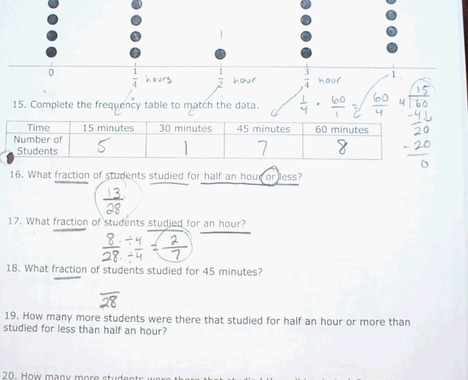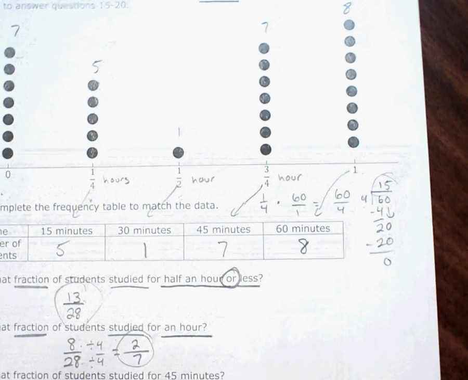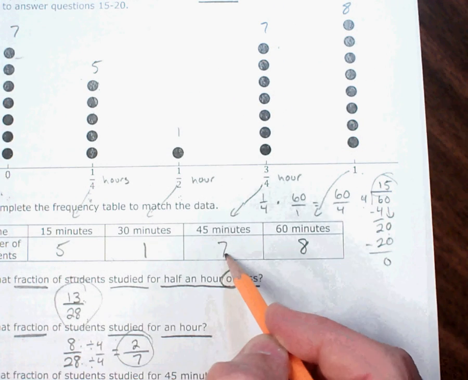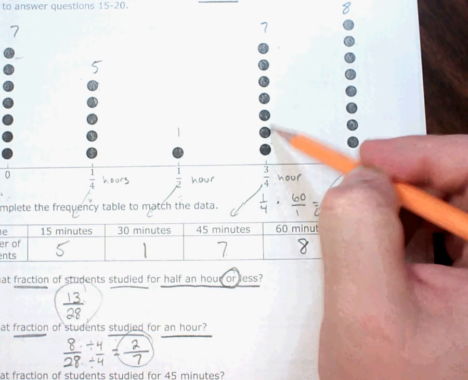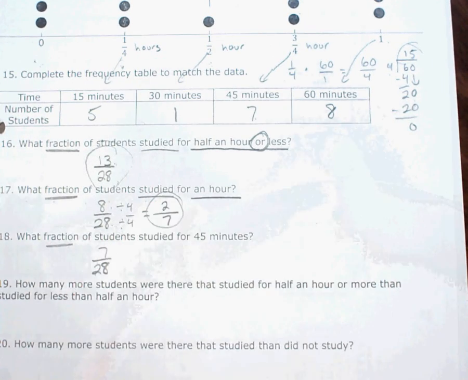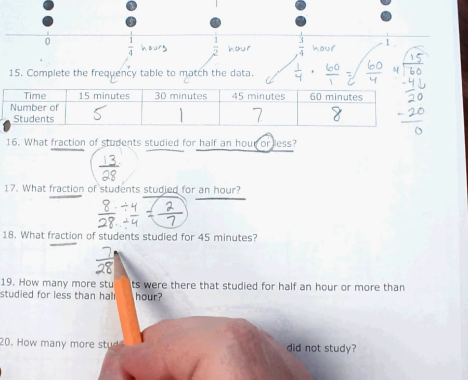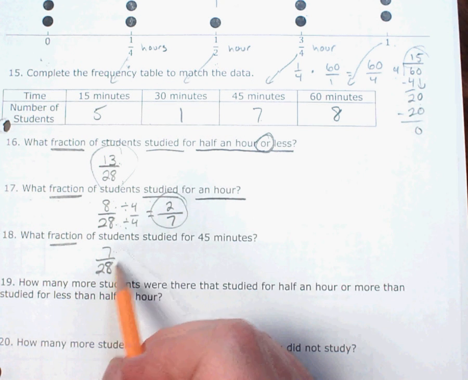All right, number 18. How many students studied for 45 minutes? Well, there's 7 students. 1, 2, 3, 4, 5, 6, 7. So 7 becomes my numerator. 7 is prime, so now I have to decide how I can simplify this.